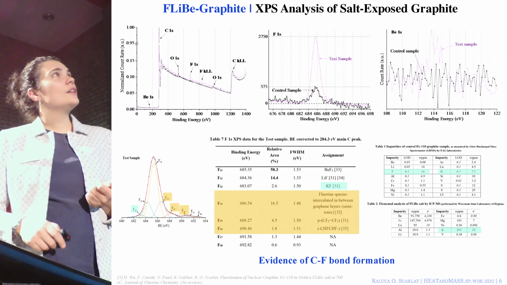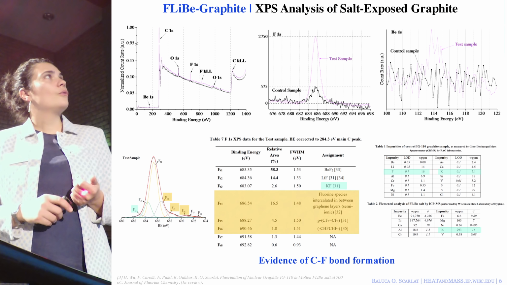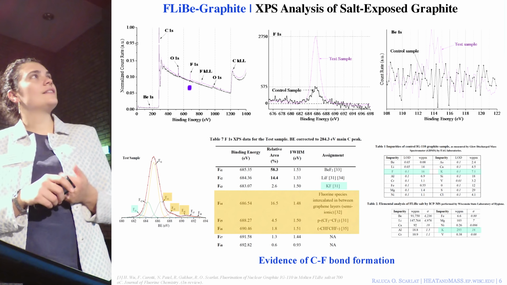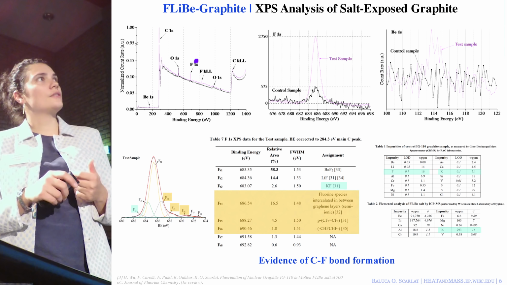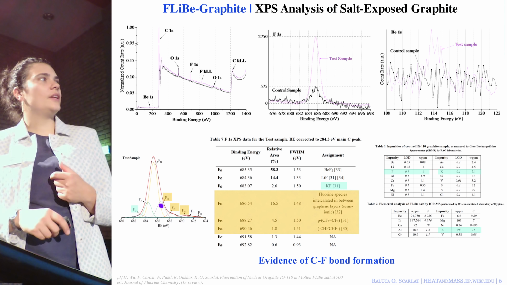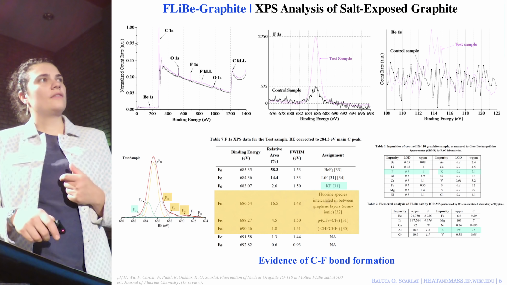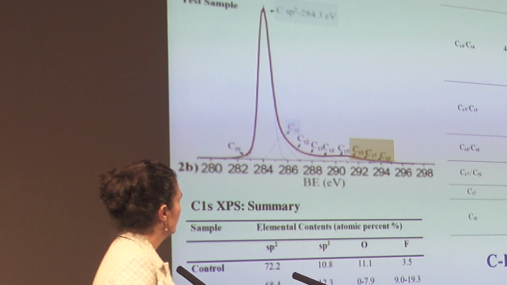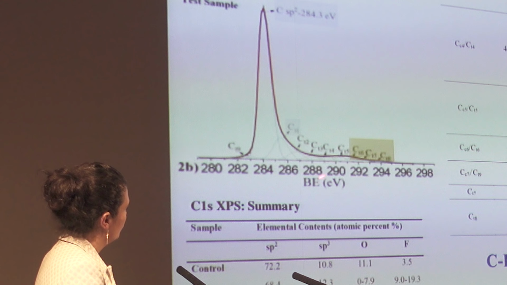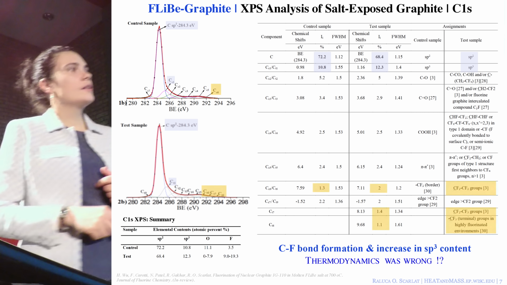And so what you see here is an XPS spectrum, this is the fluorine spectrum, which does not exist before salt exposure, appears after salt exposure, and then a decomposition of the fluorine peak identifies this shoulder, which corresponds to CF bonds. And similarly, if we look at the carbon peak, there's a shoulder that appears that also identifies with CF bonds.